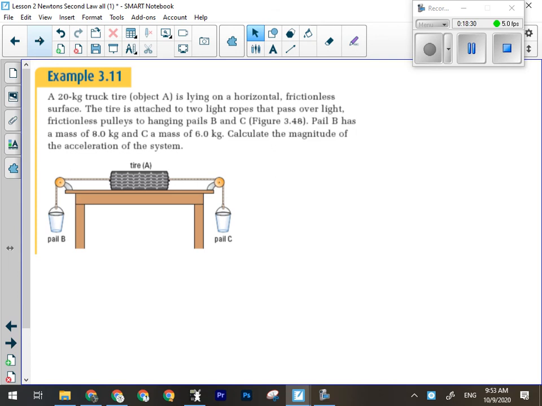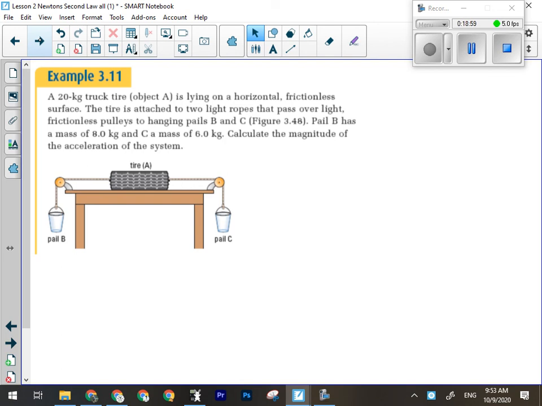Okay, try this one. It works very much like what we just did. So you have the table being a horizontal frictionless surface, so you don't have to worry about any frictional forces. The pulleys are frictionless. The rope is, well, they always say a light rope, which means the rope has no mass. Otherwise, you'd have to include the mass of the rope as part of the system. But we're going to say it's a light rope, imaginary.